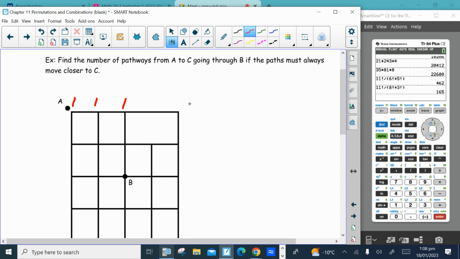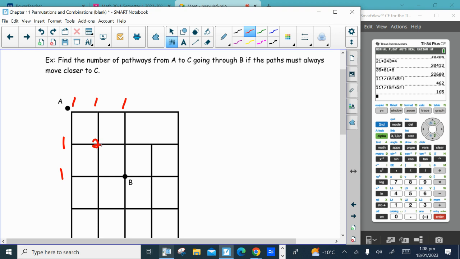Because if you go all the way over, you're going to have to backtrack to go through B. And you can't backtrack. You're always moving closer to C. So in the same way, you can only go down as far as that last one I wrote on the left there. You cannot go any further down initially because then you'd have to backtrack to go through B. And you're always moving closer to C.